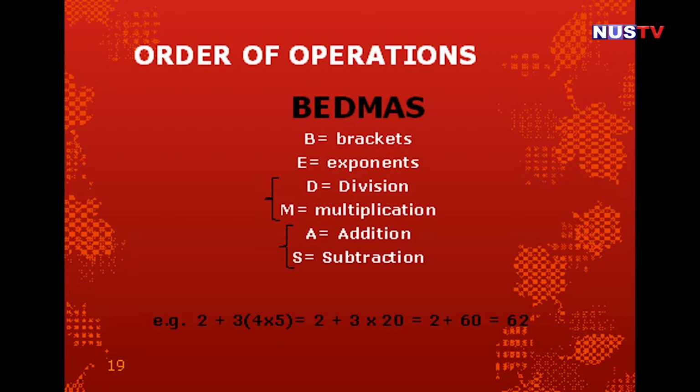Now, I have a bracket there next to division and multiplication, and another bracket next to addition and subtraction. Why? Because the order of operation says that you can do division first if it's first in the pair, or you can do multiplication first if it's first in the order of the equation. Same thing with addition and subtraction.